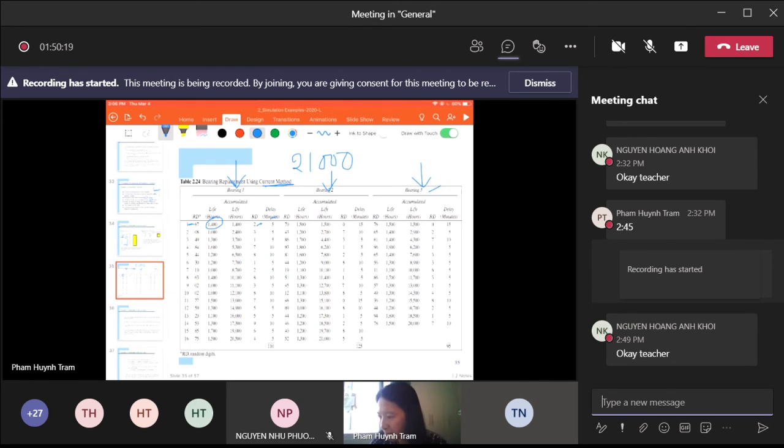Now bearing 2. We also use a random digit, and its lifetime is 1,500 hours. So the first bearing died after 1,400 hours. We call the repairman, and he doesn't touch the second or third bearing.